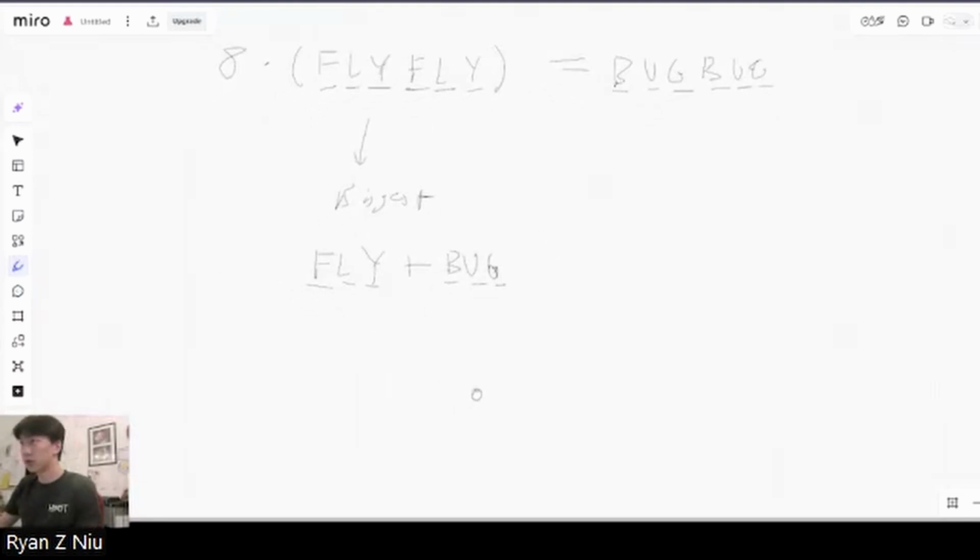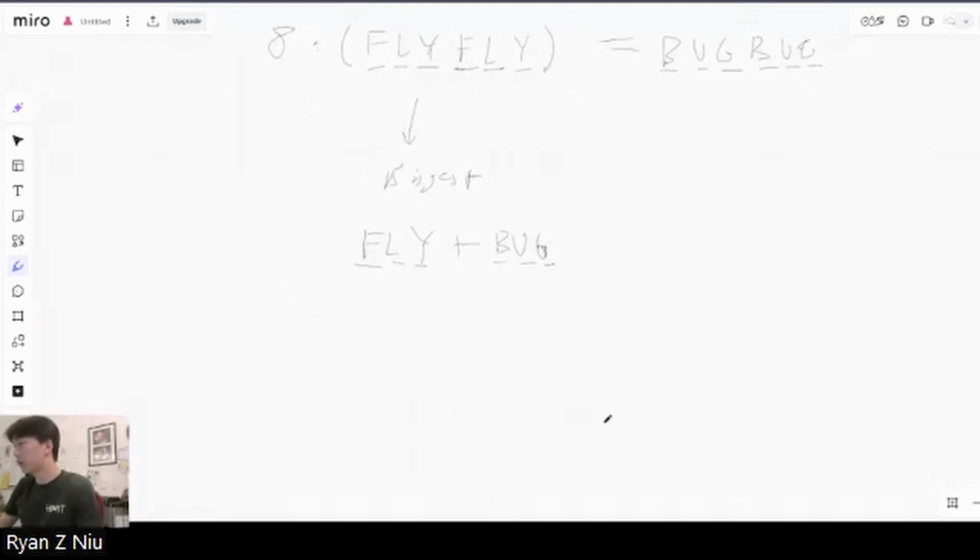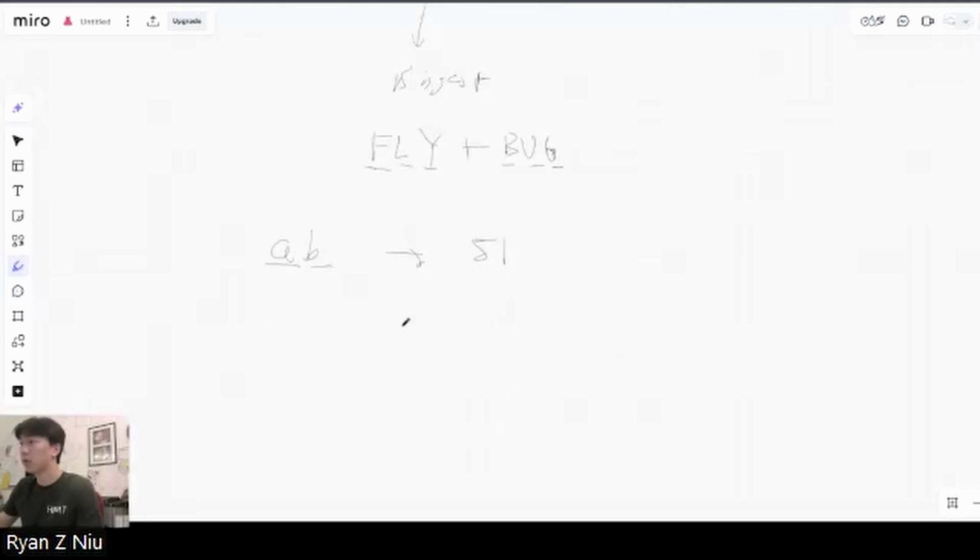Okay, and so we didn't have time for this in class. So the idea with any sort of letter representing a digit is you always want to express it in terms of variables. Say you have the two-digit number AB, so this could be like 51, for example. What you always want to do is write it out.